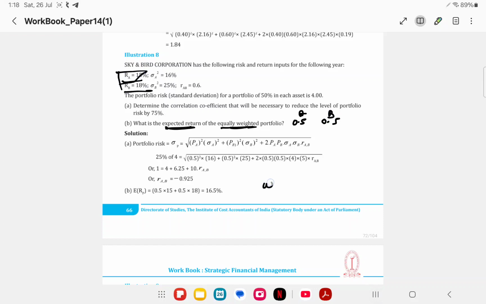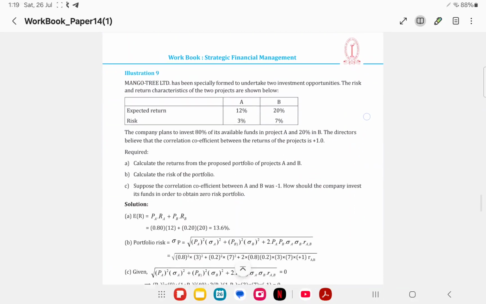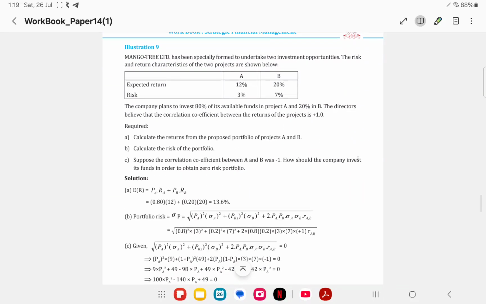You only have to do weight of A into return of A plus weight of B into return of B. This will be the expected return of the portfolio, which comes to 16.5%. So this question was easy. Let's proceed with question 9.